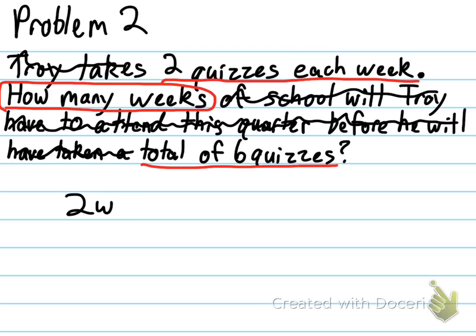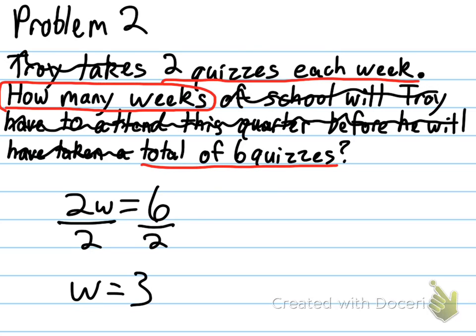So 2 quizzes per week, W being weeks, and a total of 6 quizzes. So we know that 2W needs to equal 6. If we solve for W, we now know how many weeks it will take. So we will divide by 2, and W equals 3. So it should take 3 weeks.